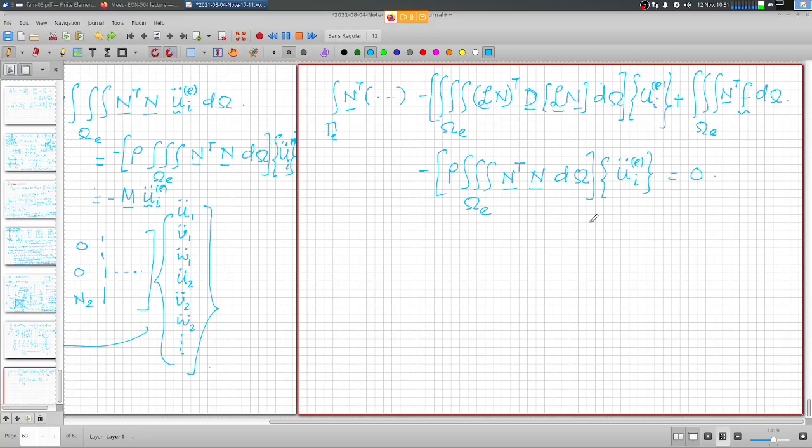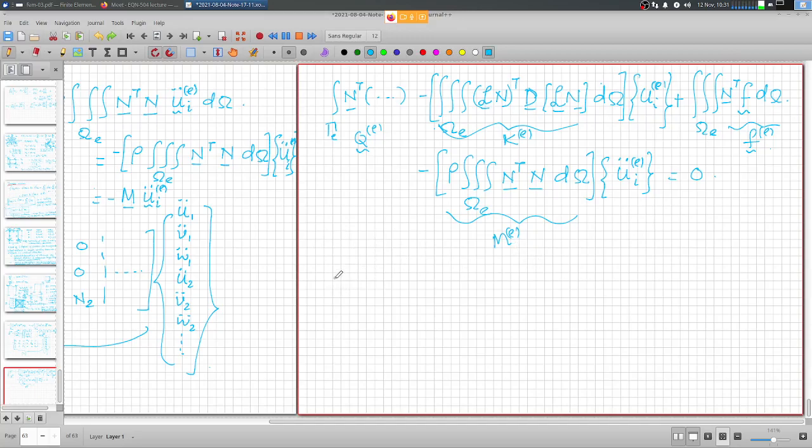So this is what will eventually lead to the element level equilibrium equations. So this is Ke, the stiffness matrix, this is the mass matrix, the inertia matrix, and this is the force vector, nodal equivalent forces, and these are of course the boundary tractions.